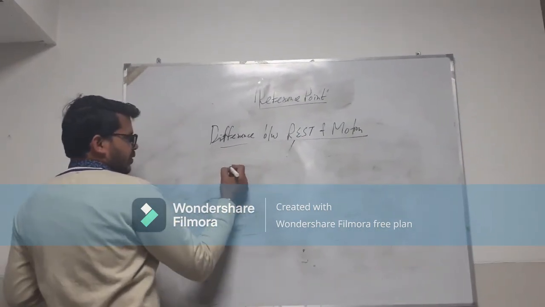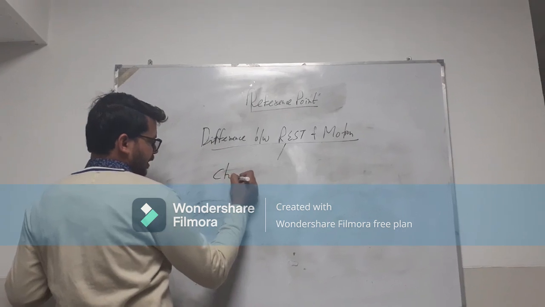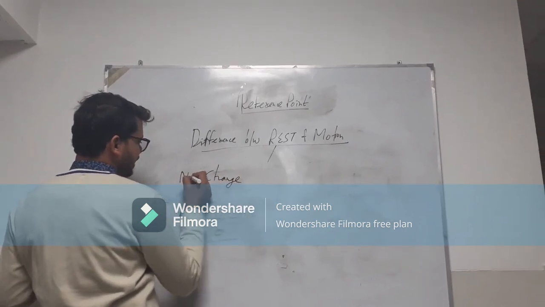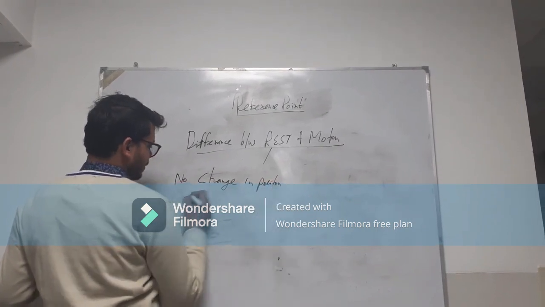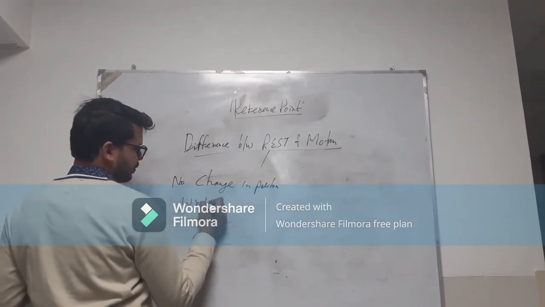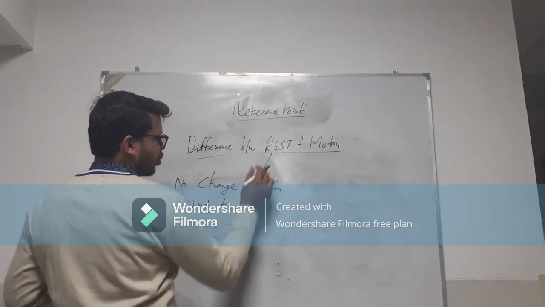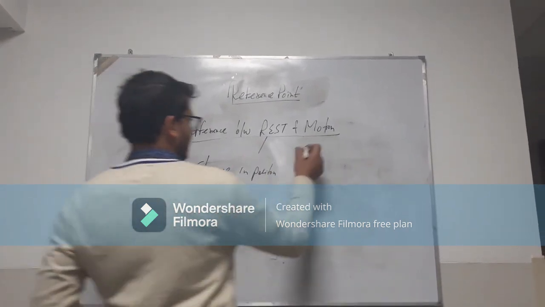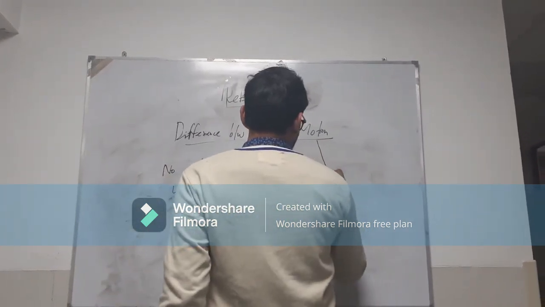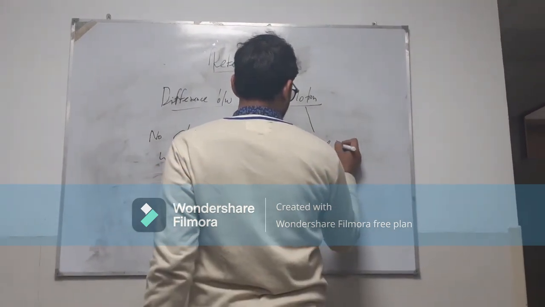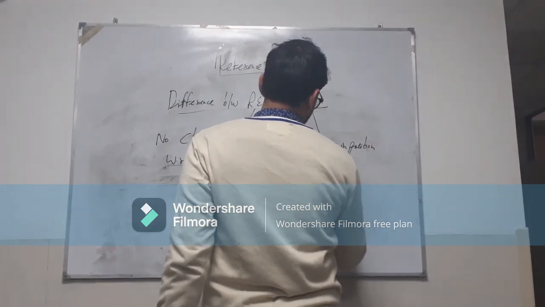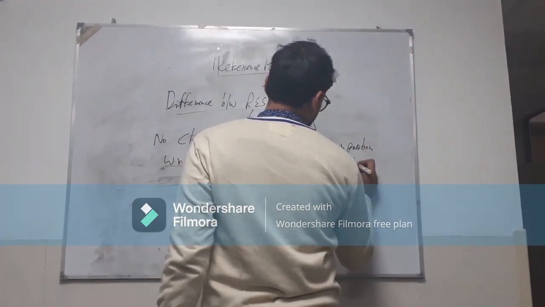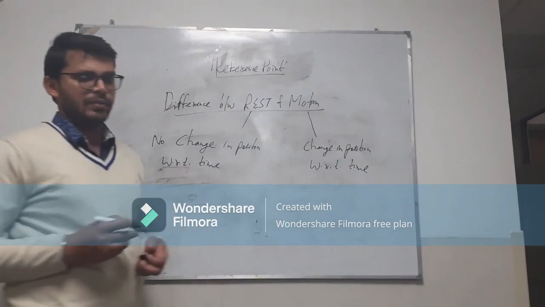Any body or any object, if there is no change in position with respect to time, that means that body is in a rest position. If there is a change in position with respect to time, that means that body is in motion.